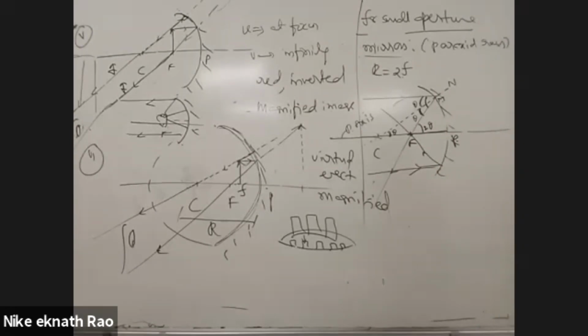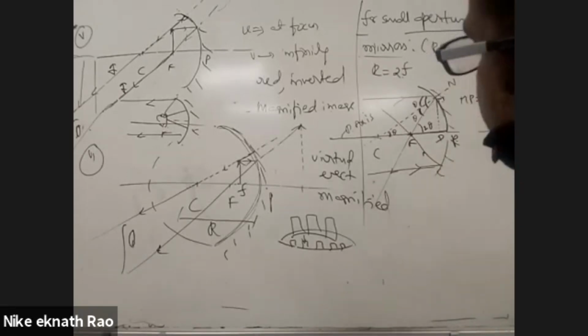Now, this is a small aperture mirror. If I drop a perpendicular from D, for a small aperture mirror, MP is equal to MD. The curvature is very small, the aperture is very small, so it is almost a straight line.